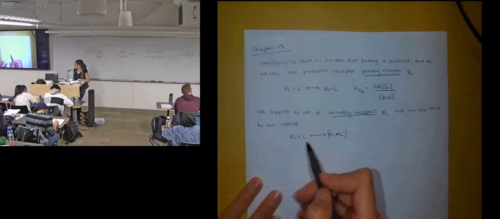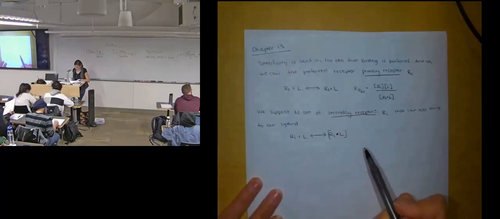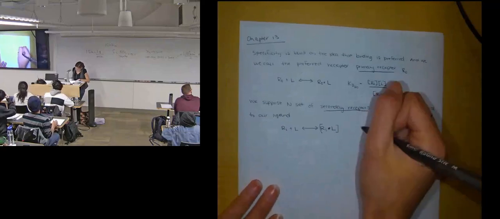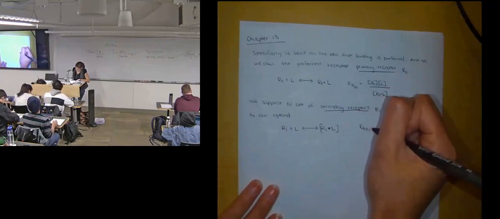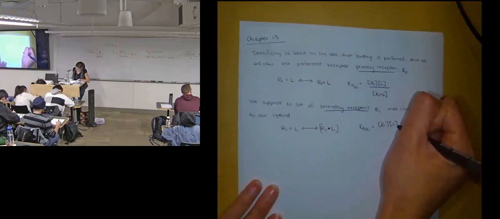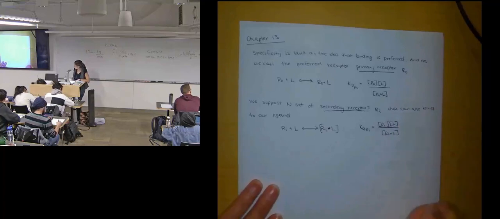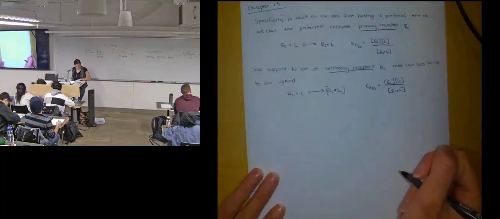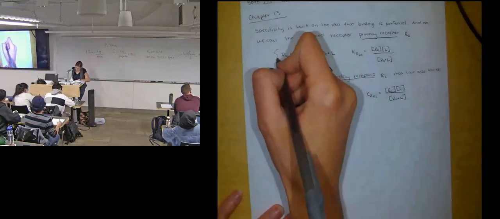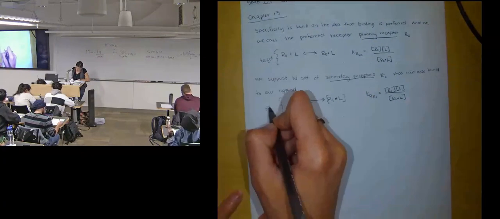So just keep in mind I'm writing this as the binding reaction and then I'm writing Kd here. So this concentration of this receptor, concentration of ligand, concentration of our complex. So this is our target, and this is off target.